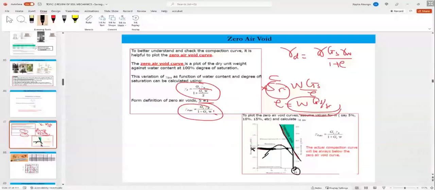See, that's the reason we have those things. Does it make sense? If you compact it to the maximum dry density, for it to saturate, bring it here to the zero air void, and it's down here. That's the water content when it is completely saturated.